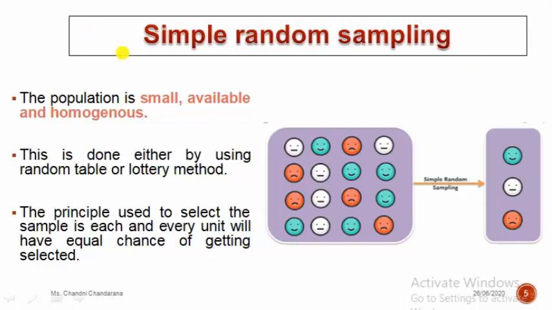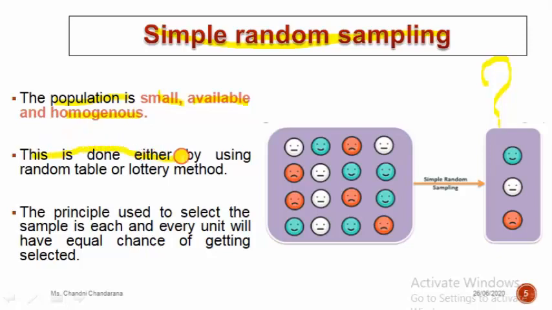So first is simple random sampling. What is simple random sampling, or you can say when is it applicable? Random sampling means you can select any sample randomly, and it is applicable when the population is small, when the population list is available, and it is homogeneous, meaning a very simple technique.